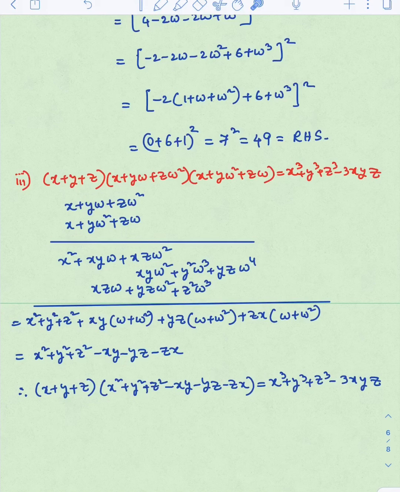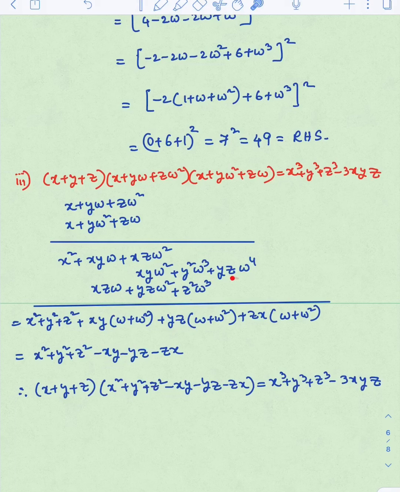And next what to do? We are going to take xy common. See where is xy? Here and here also. Is there any xy other than these two? No. So xy is common in both these terms. Then what happened? Omega plus omega square remains here.